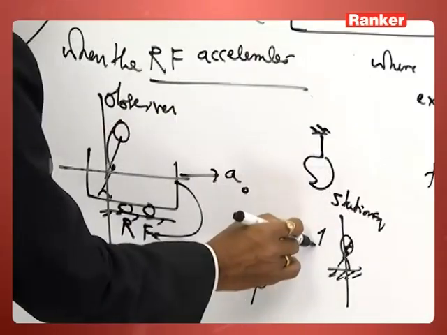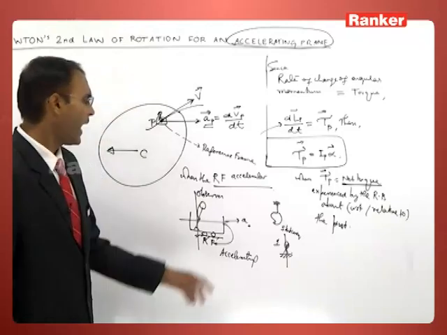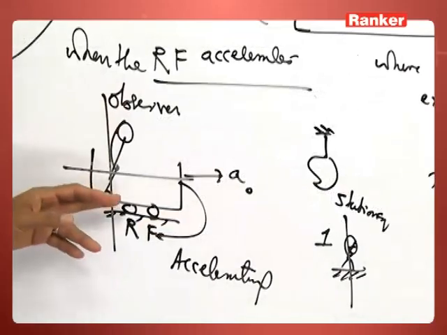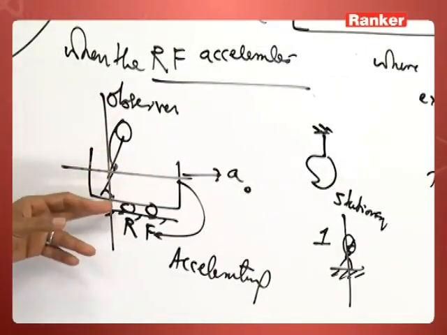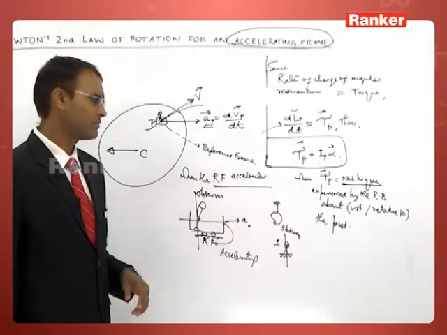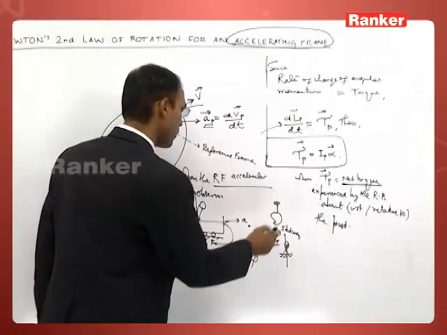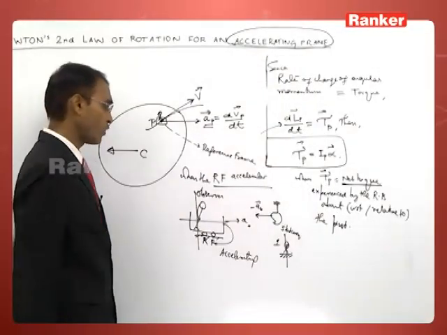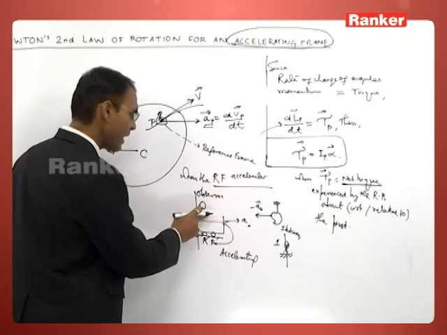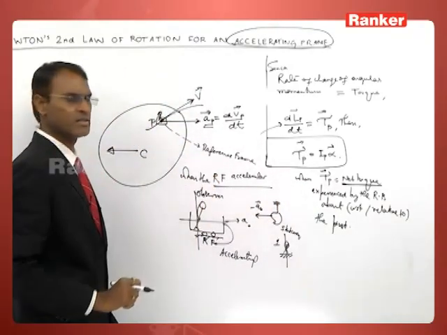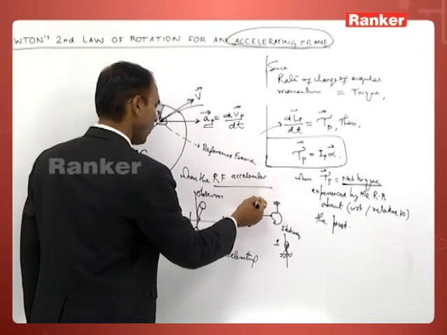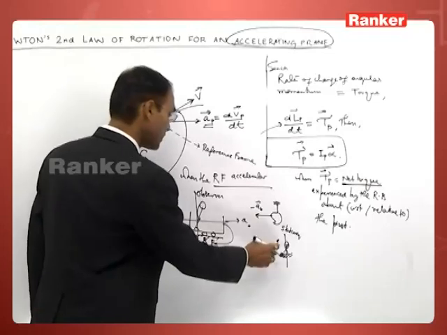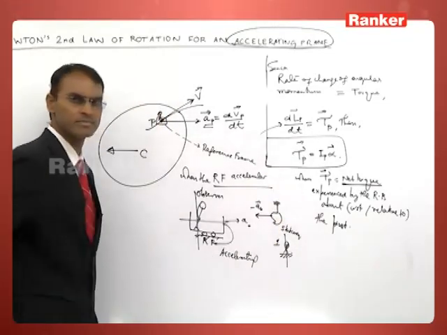With respect to reference frame 1, the acceleration of the mango is 0. But with respect to this accelerating reference frame, the acceleration of the mango is minus a0. With respect to this person, this reference frame, the mango seems to accelerate in this direction with the same magnitude. But with respect to ground, the mango is not at all accelerating.